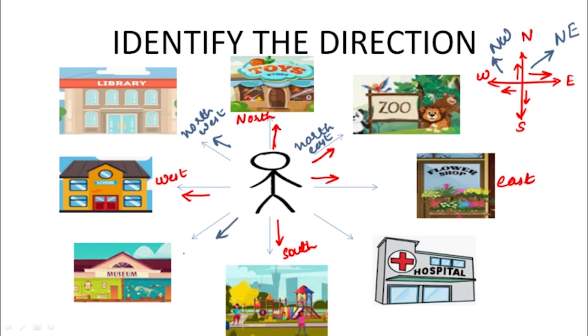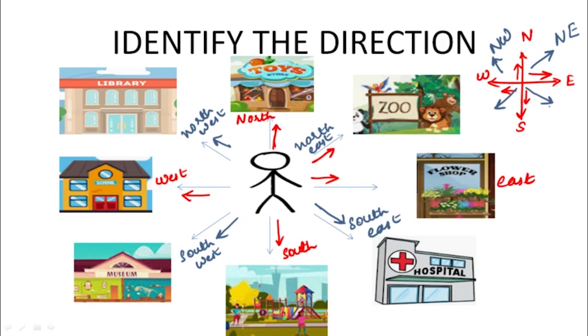The museum is to the southwest of the person. It is between south and west. Between south and west is southwest. Similarly, between south and east is southeast. So, the hospital is to the southeast of the person.